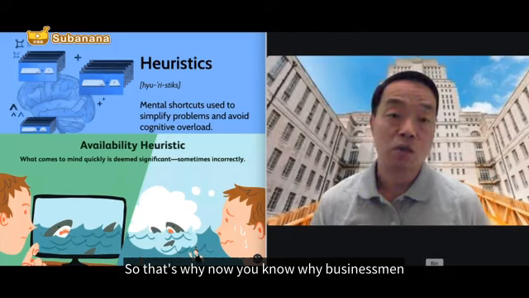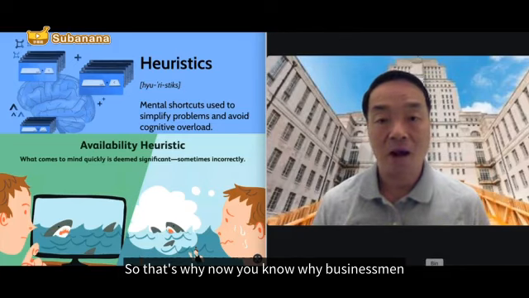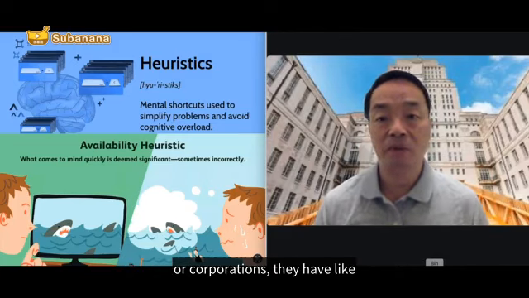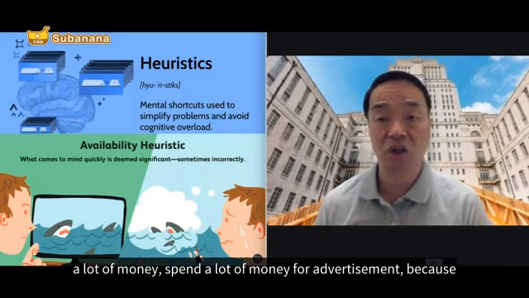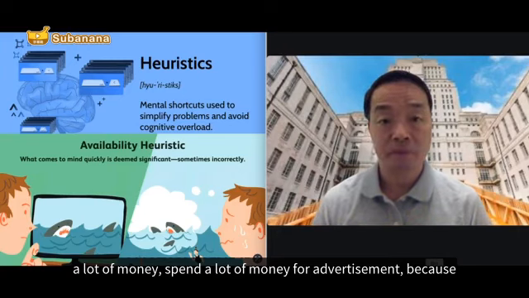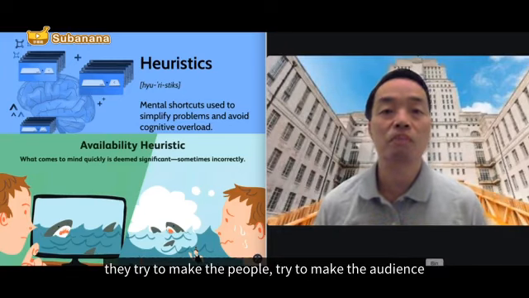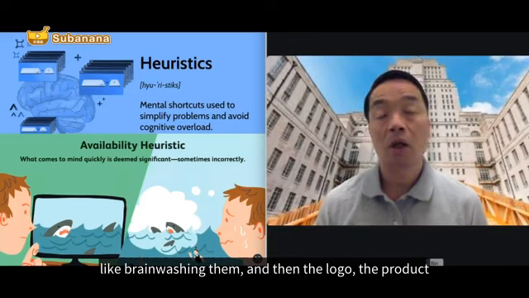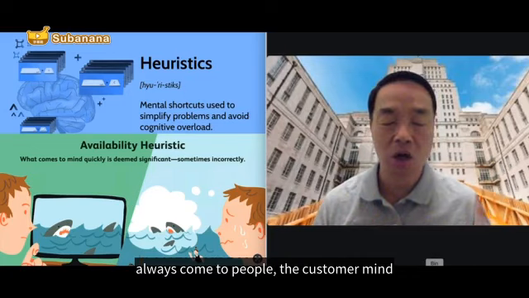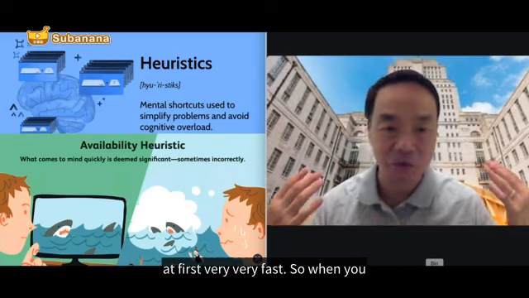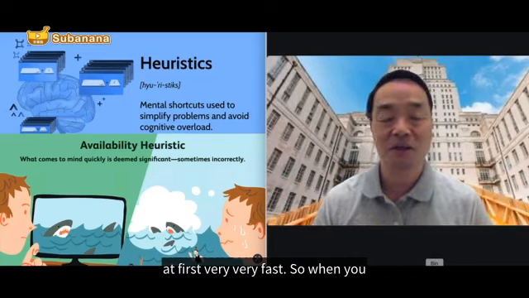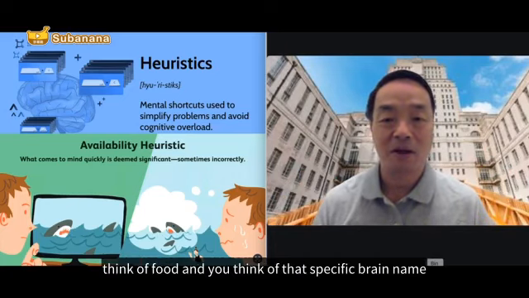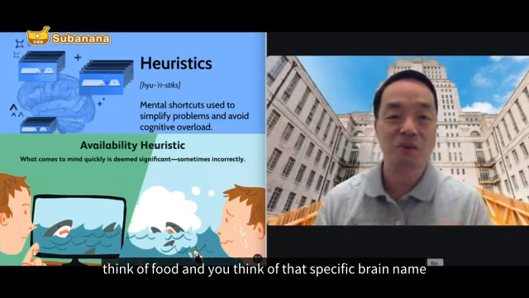Now you know why corporations spend a lot of money on advertisement: they try to brainwash the audience, so that the logo and the products always come to the customer's mind first, very fast.